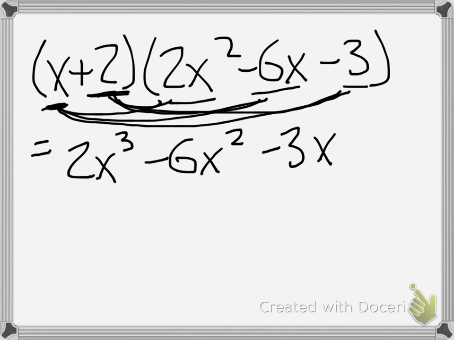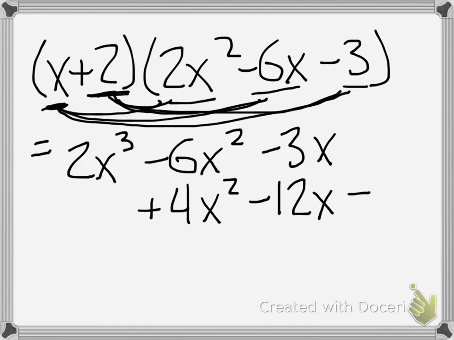So I have 2 times 2x squared. That's going to be 4x squared. I'm going to write that right under my other x squared term, plus 4x squared. Then I take the plus 2 and I multiply it by the minus 6x, minus 12x. And then the 2 times the negative 3, minus 6.